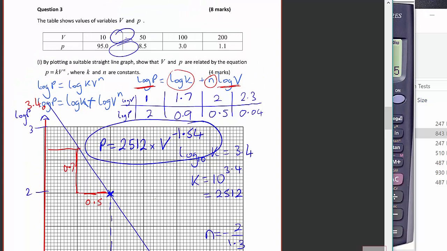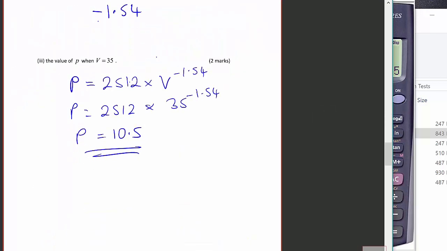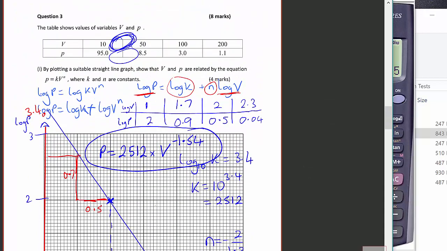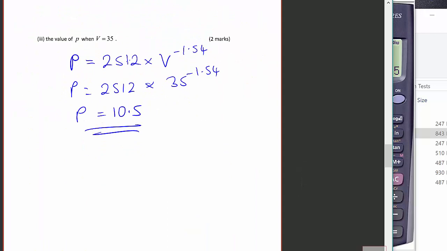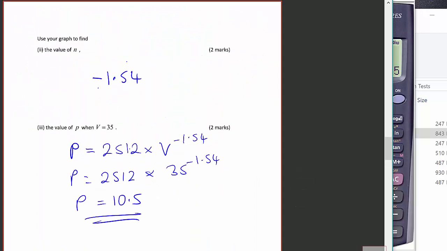So 35 is in this gap here, and 10.5 is in this gap here. So it does make some sense, at least it's in the right place. Now remember, for this type of question, everybody's going to get slightly different answers because you're relying on the exact line that you drew in the previous part. So as long as it's within a certain limit, you'll get the marks.